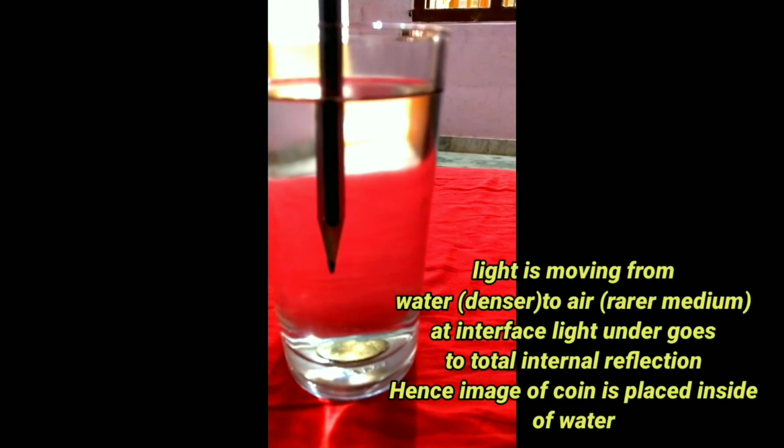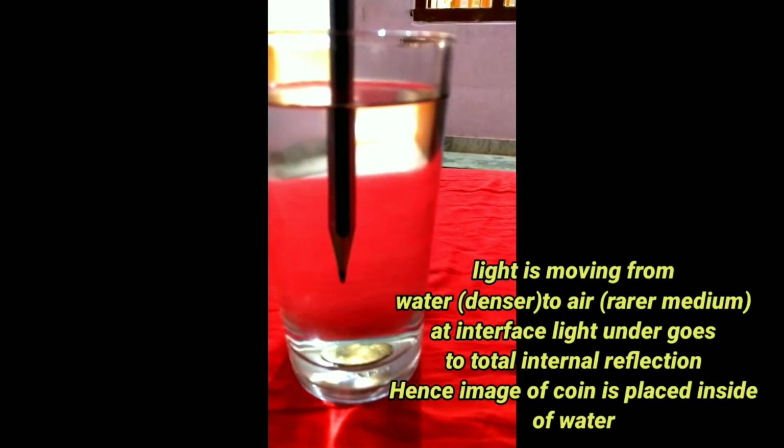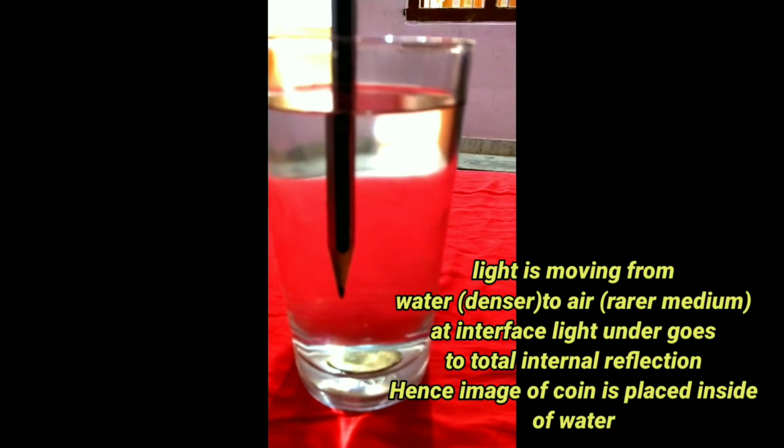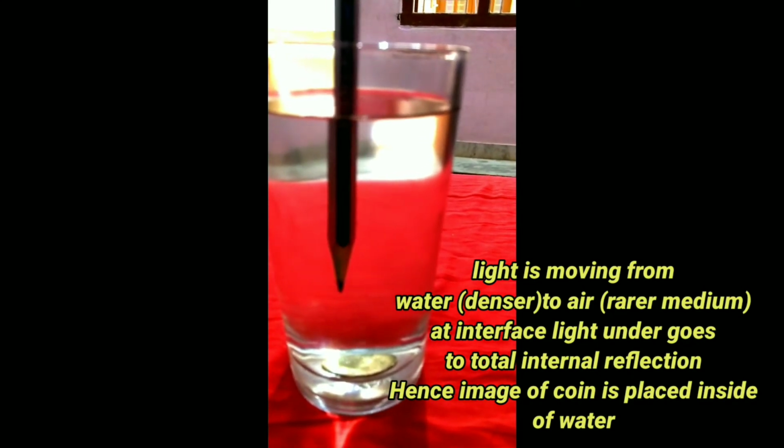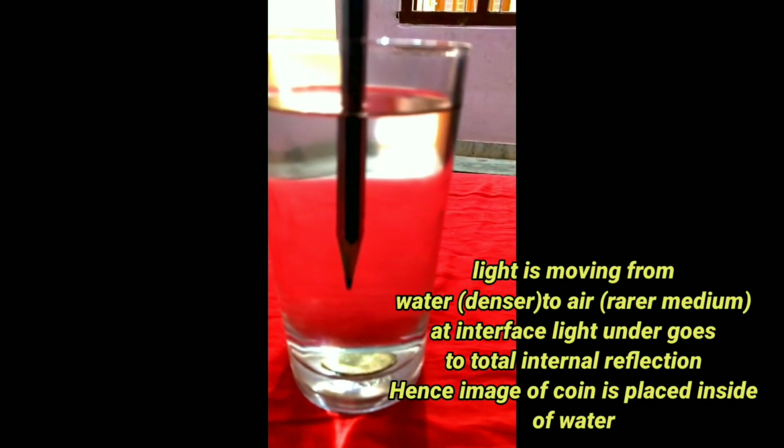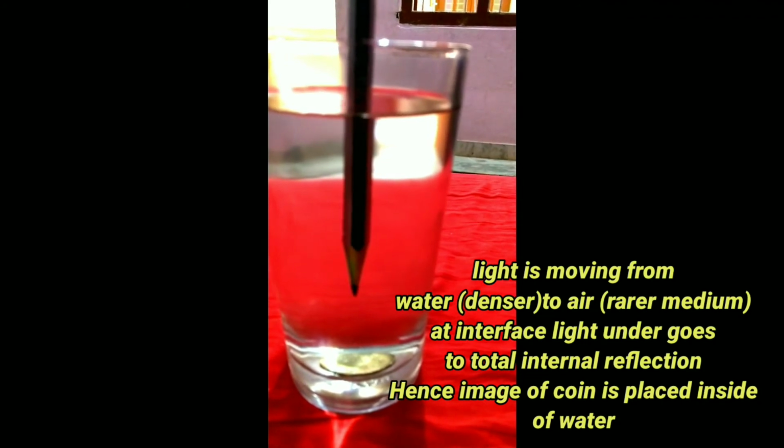Clear? Above the water surface we have air. From the bottom, light rays come from the coin to the outside of the water. That means the light rays are moving from the denser medium to the rarer medium. Here water is the denser medium and air is the rarer medium.